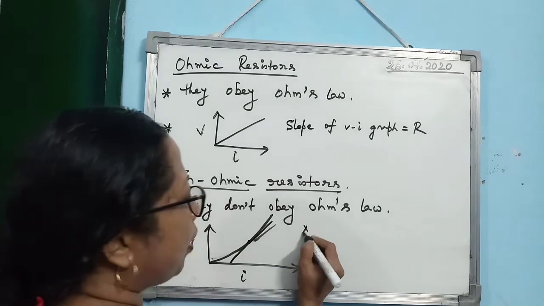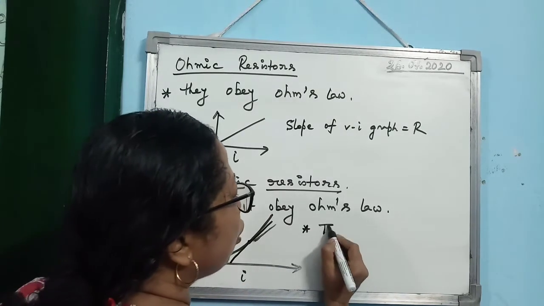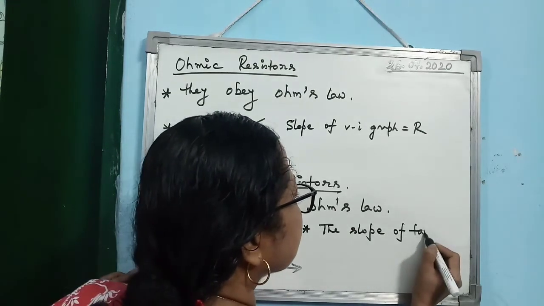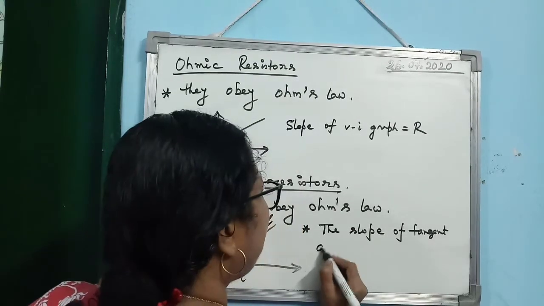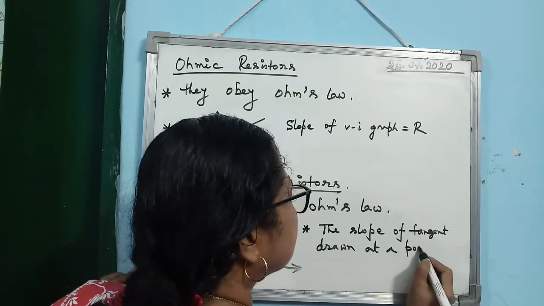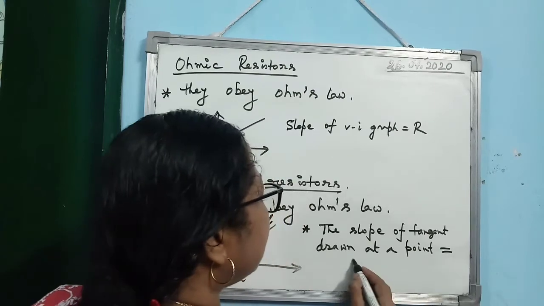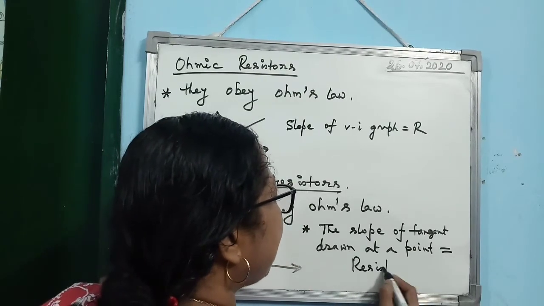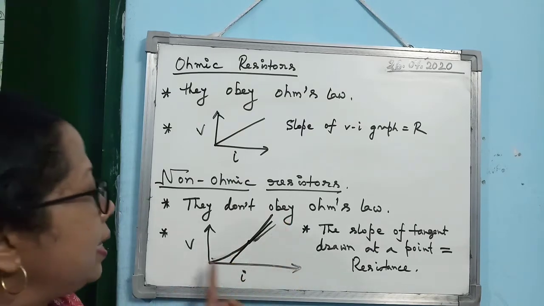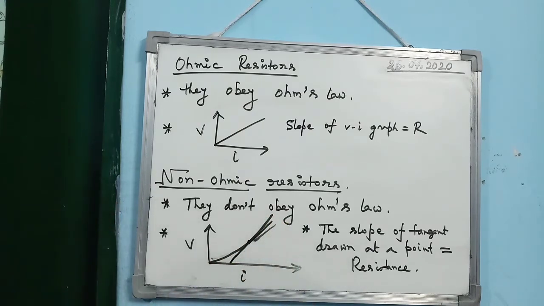Alright. Then the next point is the slope of tangent drawn at a point is the resistance at that point. Alright. So in this case, you cannot say that resistance remains same. Okay.